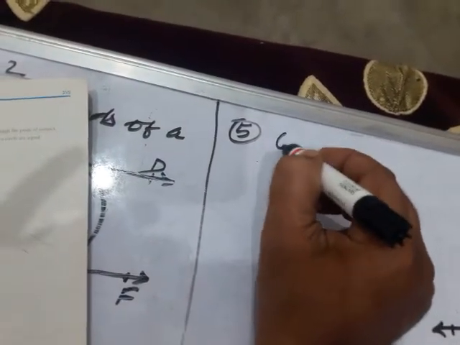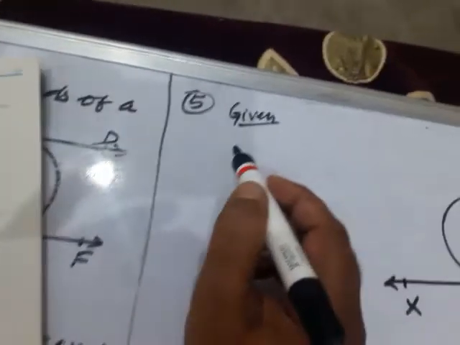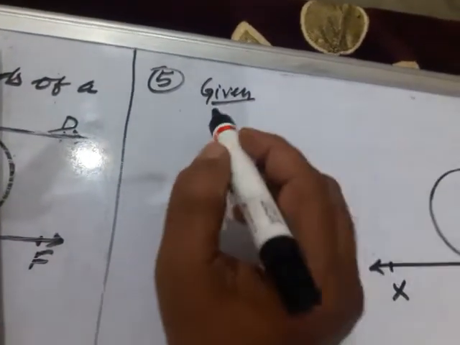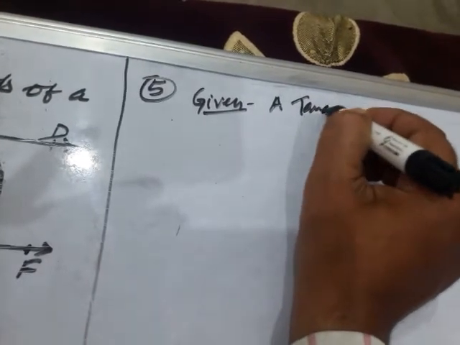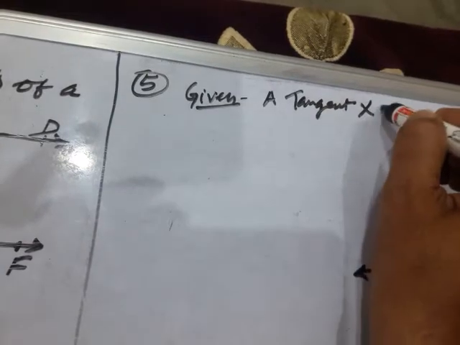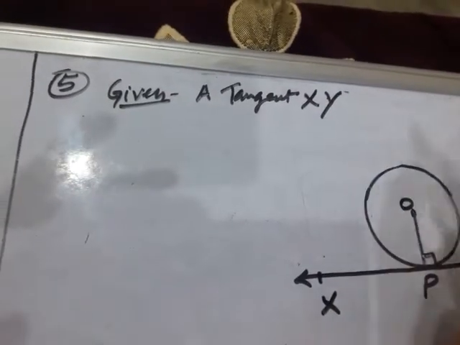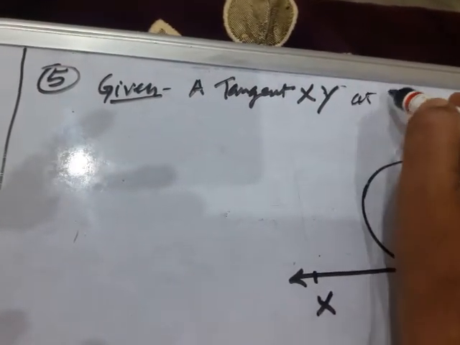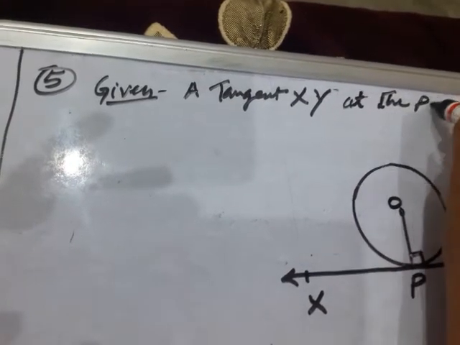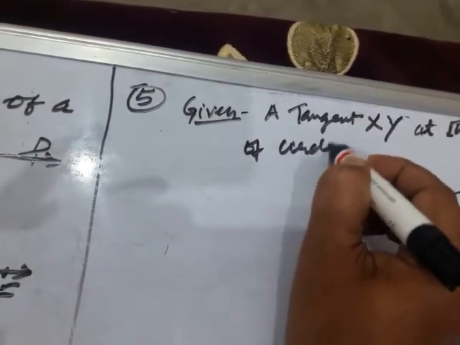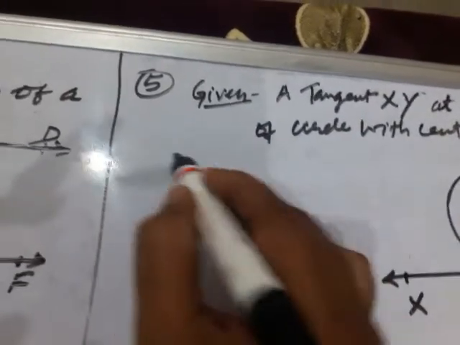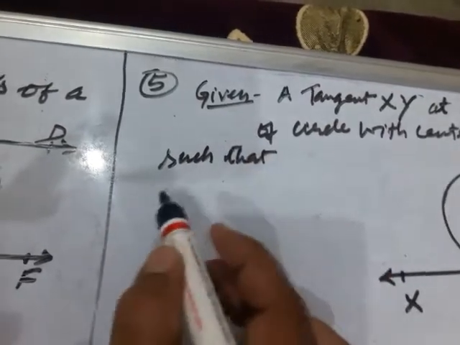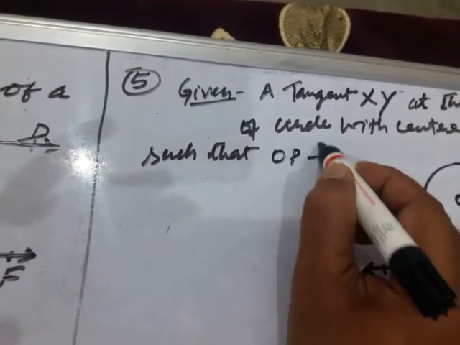What is given? Let us see. Given a tangent XY to the circle, at the point P of a circle with center O, such that OP is perpendicular to XY.